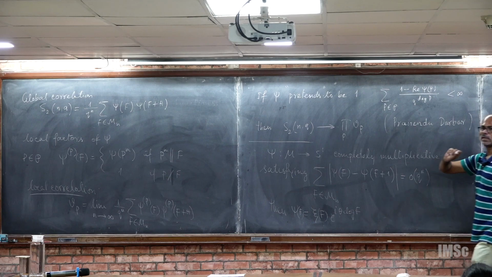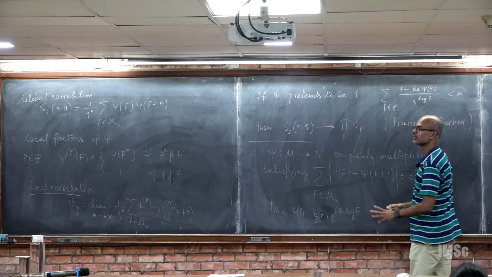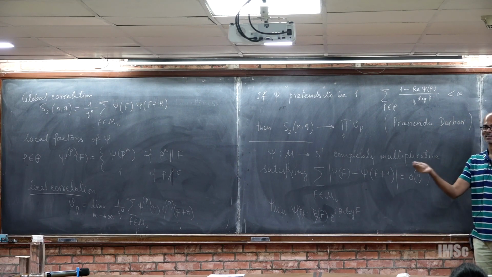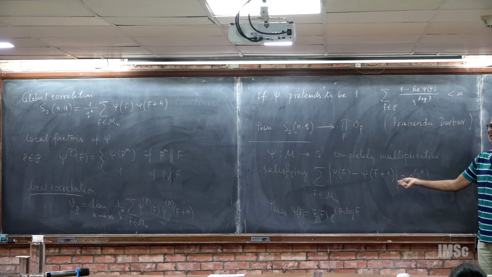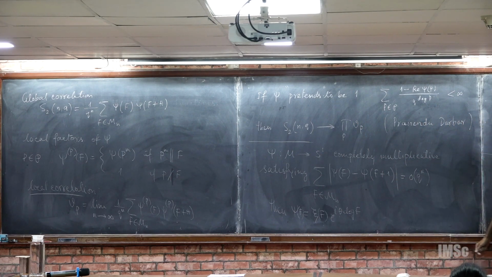When something pretends to be g, you don't really need to take this full thing. It's enough to take 1, because you can always adjust: you can just modify the original function by this and then say that it pretends to be 1. So it's good enough to just look at 1.